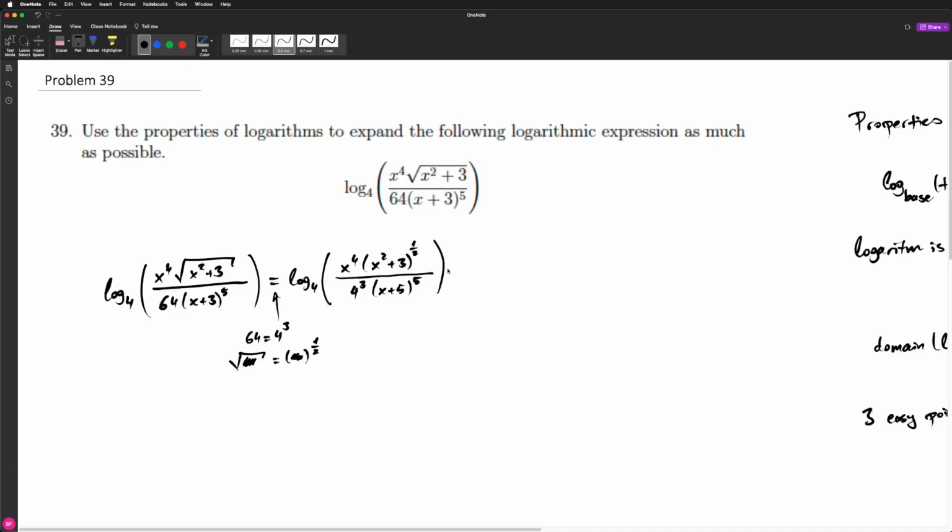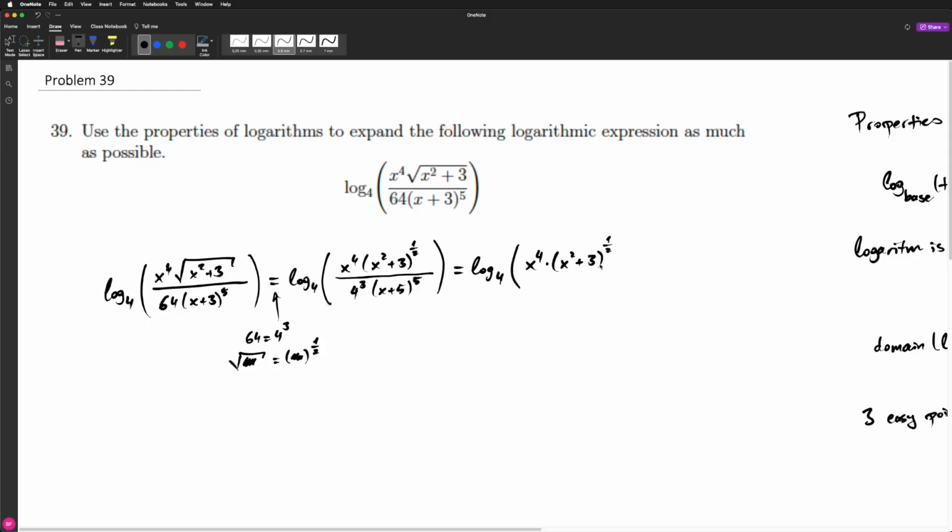Okay. And then one thing I like to do, that's kind of a personal choice, because I don't want to use multiple rules where some of them can go wrong, I would convert everybody, I would move everybody to the numerator.